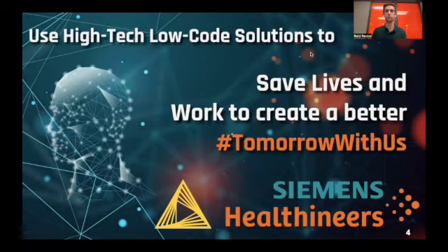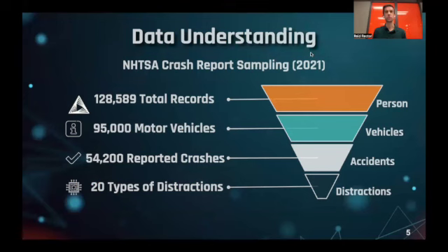Now, let's get into first the data that we're going to be using for this report. We're going to be using the NHTSA crash report sampling from 2021. Through the data we're accessing, we are viewing 4 of the 28 files that are used in that report. Within those files, we're going to be talking about the person file, the vehicles file, the accidents file, and the distractions file.